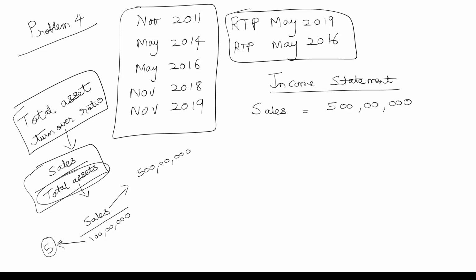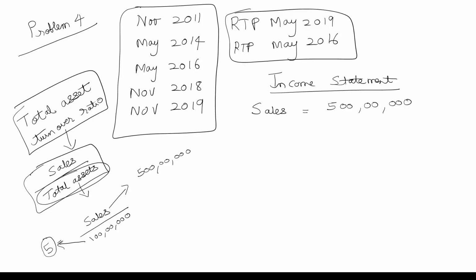That would mean that in the next year, for every 1 unit of assets invested, 7 units of sales can be generated, but this year it's just 5 units of sales. So we understand that for the same 1 unit of assets, in the next year our generation of sales has become much better. So we say that the efficiency in the usage of the assets to generate sales has improved.